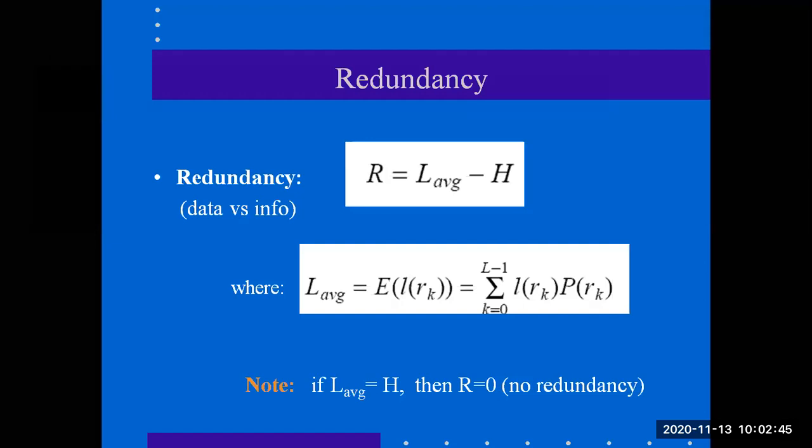There is no redundancy. Redundancy is given by L average, that is the average number of bits or symbols per code word, minus the entropy.